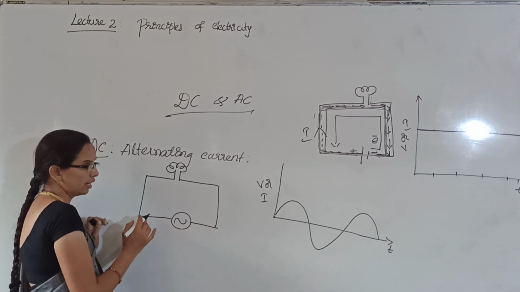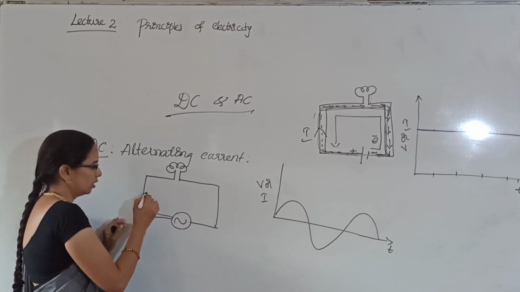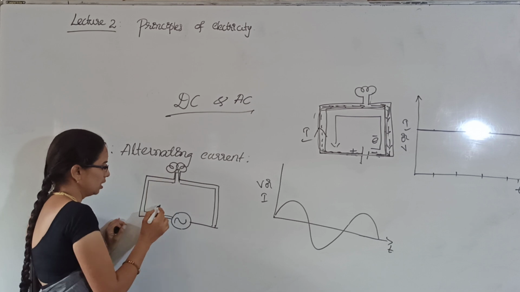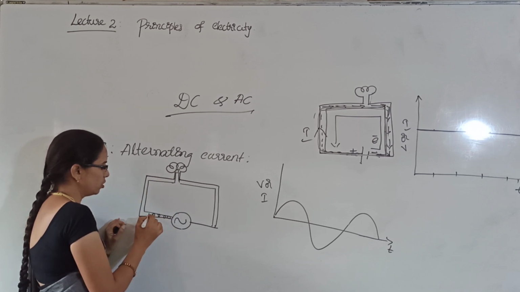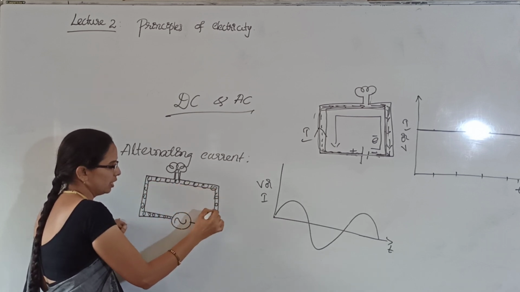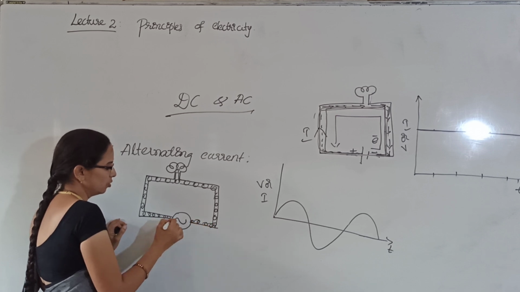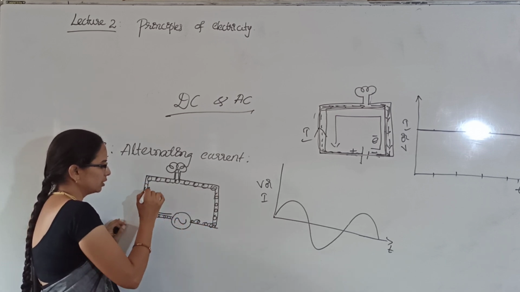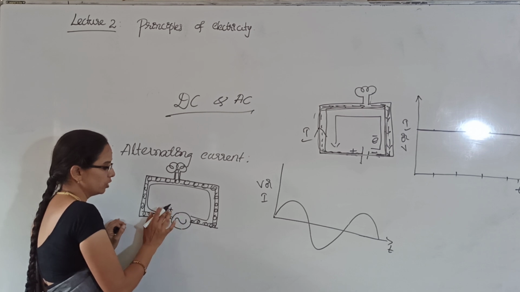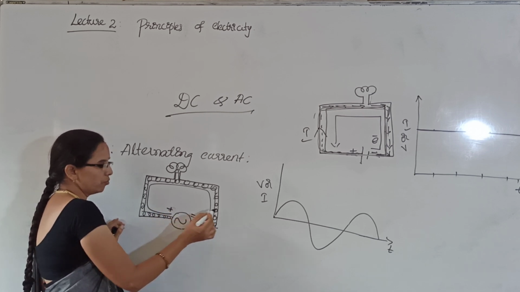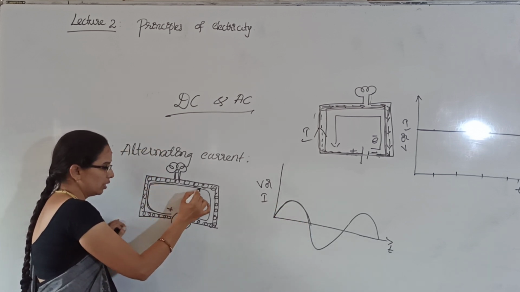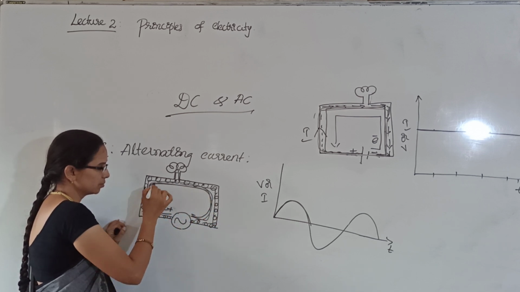In AC, the flow of electrons will be like this: once this point will be positive and this will be negative, for this half cycle electrons will flow like this.